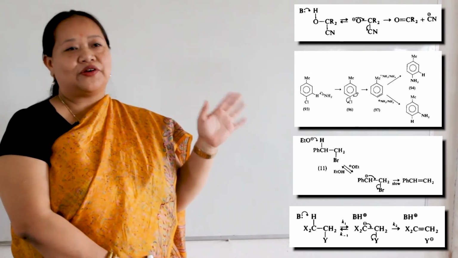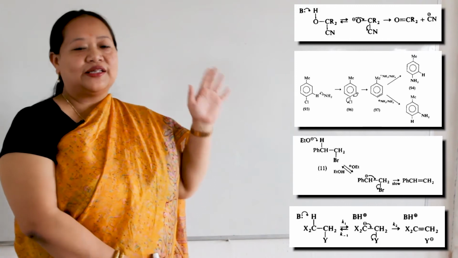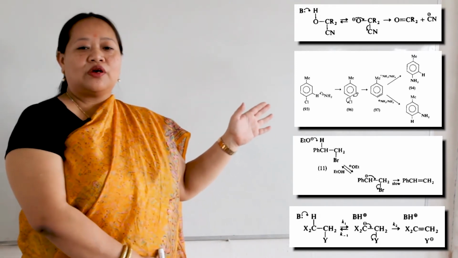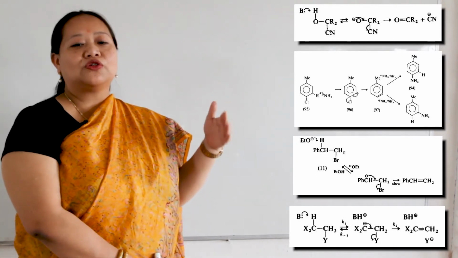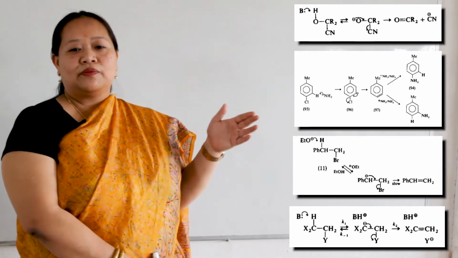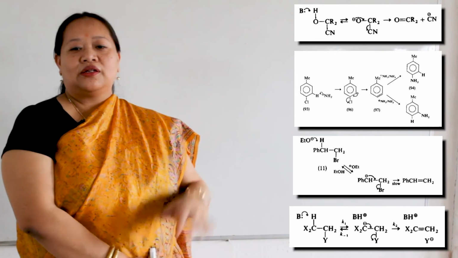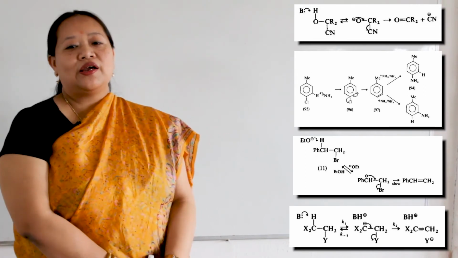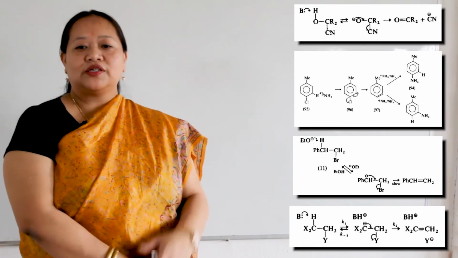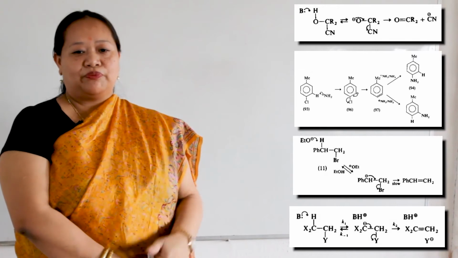This is a fast and reversible reaction. Then step 2 is the loss of the leaving group to form the alkene product, and the leaving group leaves with the pair of electrons. This is slow and rate determining.